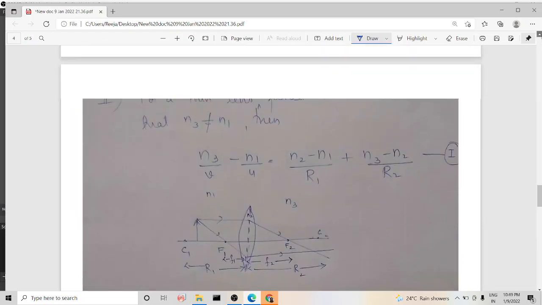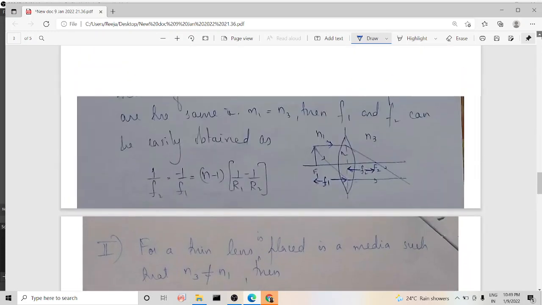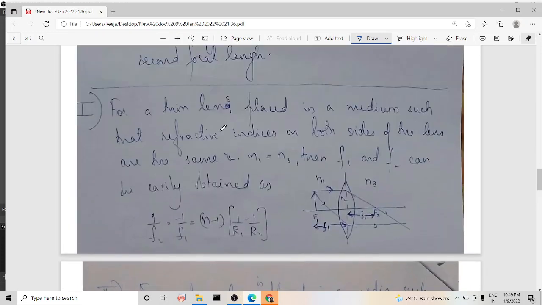Now, for a thin lens placed in a medium, we have not considered the thickness of the lens. If the refractive index of the medium on both sides, so on one side of the lens you have N1 as refractive index, the other side N3, and the refractive index of the material of the lens is N2.